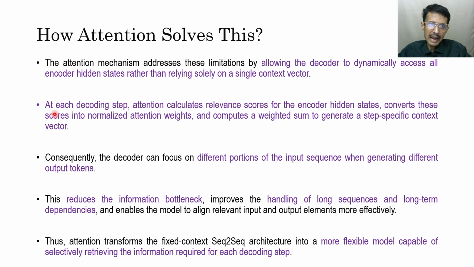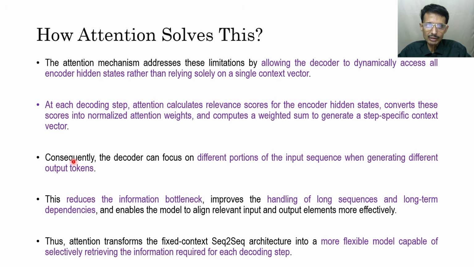Again, I repeat it. At each decoding step, attention calculates the relevance score, that is, the relevance of a particular word, for the encoder hidden state, because each encoder hidden state models one word. It converts these scores into normalized attention weights, and computes the weighted sum to generate a step-specific context vector.